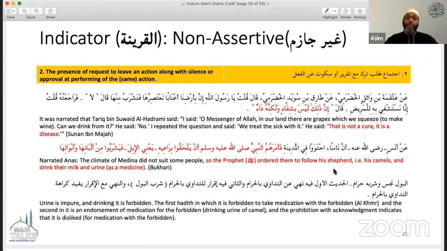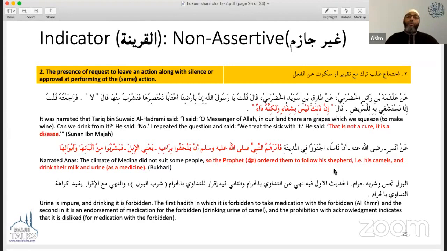And contrary to that, the other hadith talks about the urine of the camel. That's a story about when the Sahaba came to Medina, the climate of Medina did not suit some of the people. So Rasulullah ordered them to follow his shepherd and his camels and drink their milk and urine as medicine.